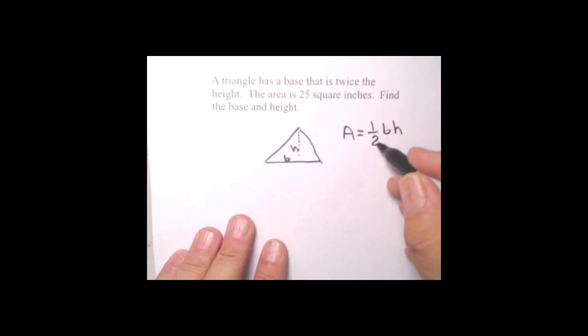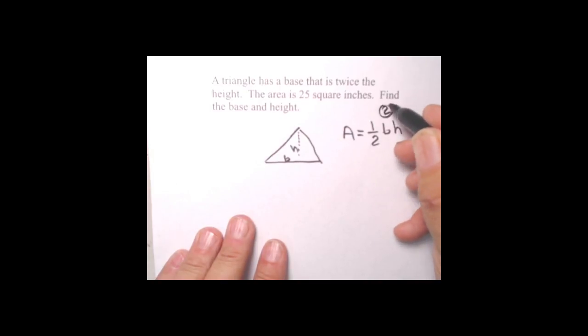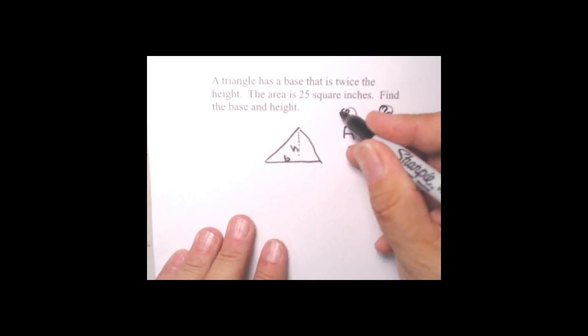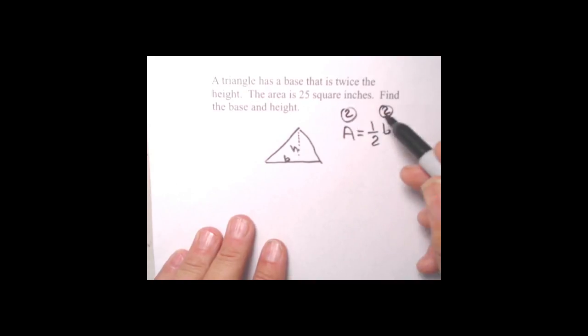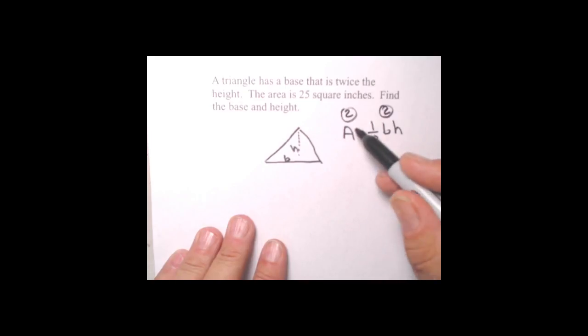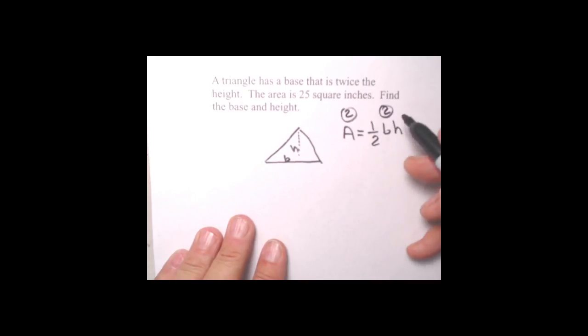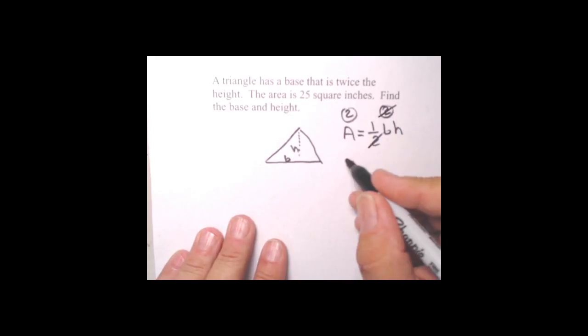See, we're dividing by 2 here. So I'm going to multiply both sides by 2. We can always do the same to both sides, and then we're still in balance. Well, the 2 cancels against the 2 here.